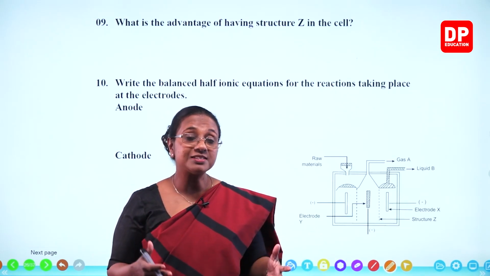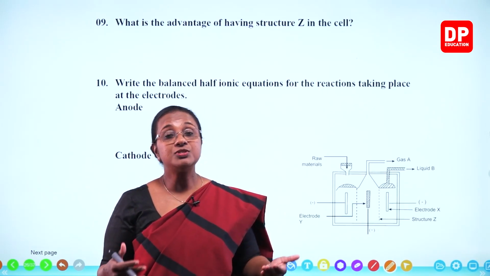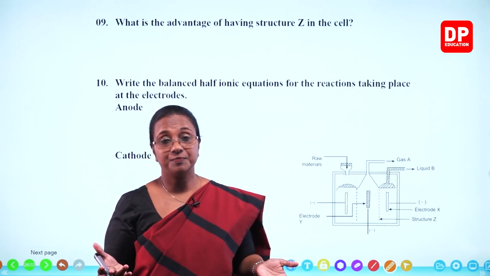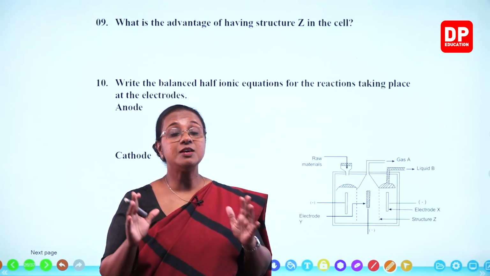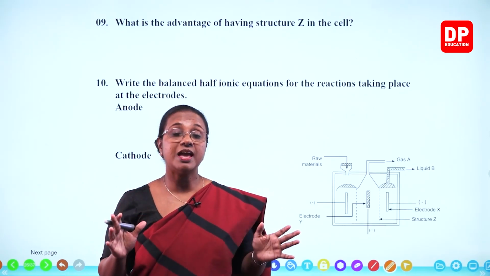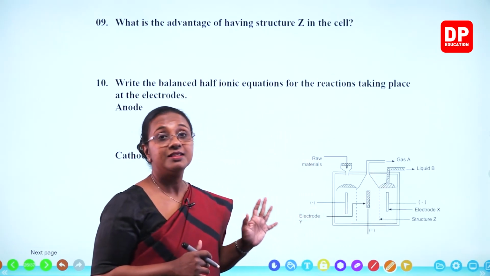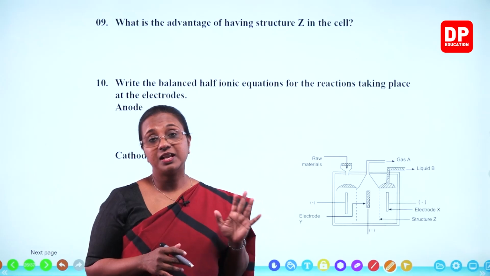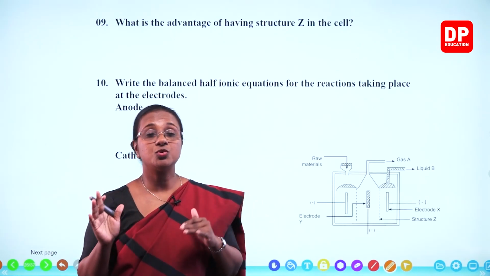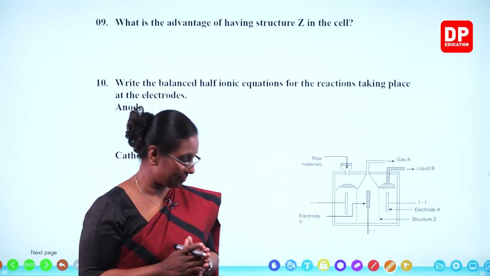Now we are trying to extract sodium from sodium chloride, and once they are produced, if they start reacting again, there is no point of extracting it. So to prevent the mixing of sodium liquid with chlorine gas so that they won't react with each other is the function of this structure Z, that is the circular perforated steel diaphragm. So it prevents the reaction of sodium liquid with chlorine gas. I'm sure you all can remember that.